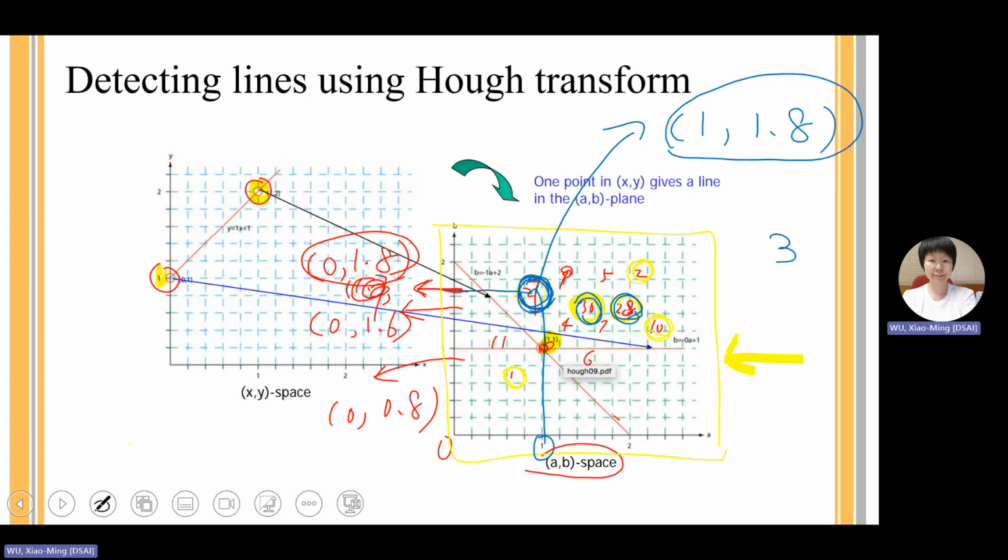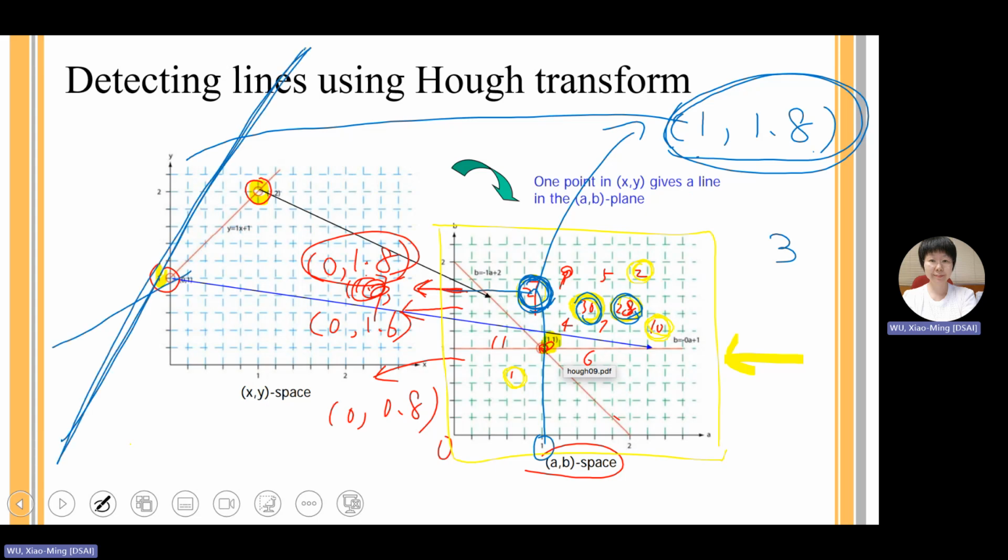Then this corresponds to a straight line in the original space. So the cell with 27 corresponds to a line with slope 1 and intercept 1.8 in the XY space.